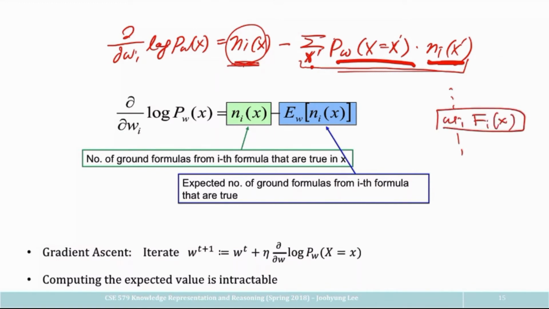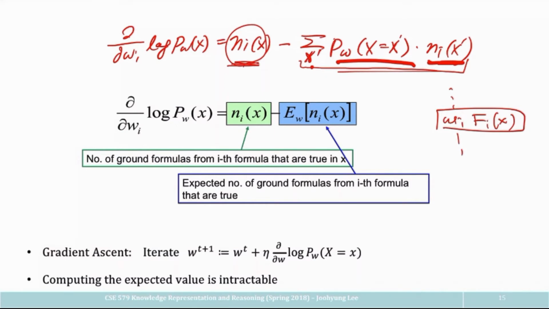The ith formula may be non-ground; you may have variables. Now, given the single interpretation in the database, how many ground formulas coming from this ith formula are true under the interpretation? That's what n_i(x) is representing.